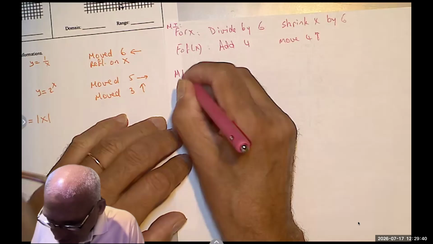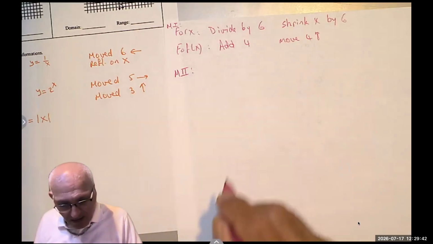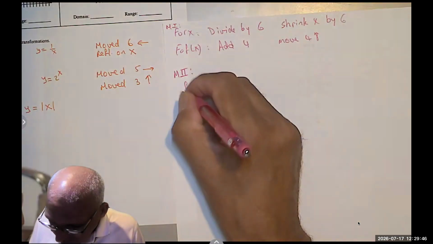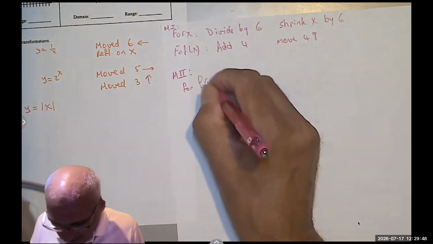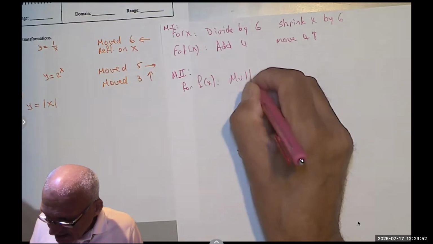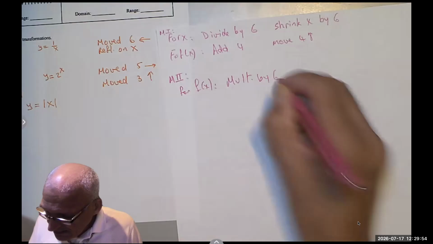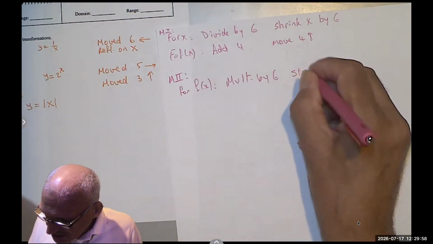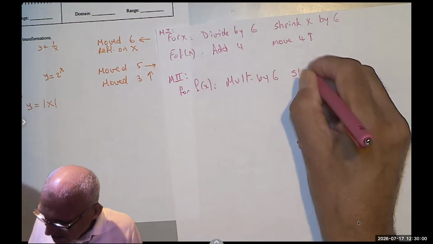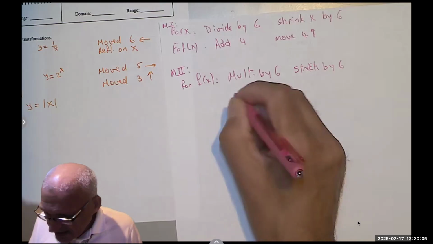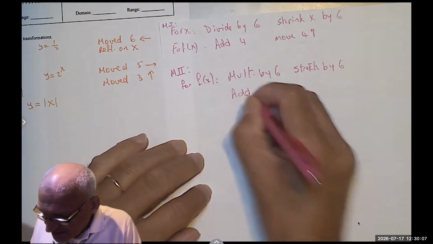Method 2, nothing for the x. For f of x, I'm going to, first of all, multiply by 6, meaning stretch by 6, and then add 4, meaning move 4 up.